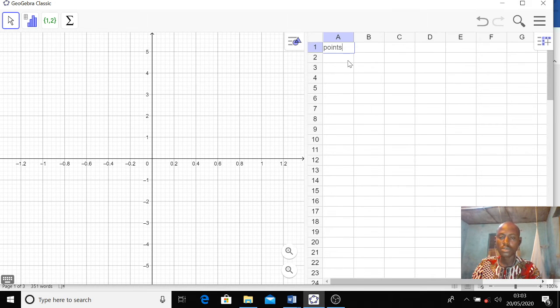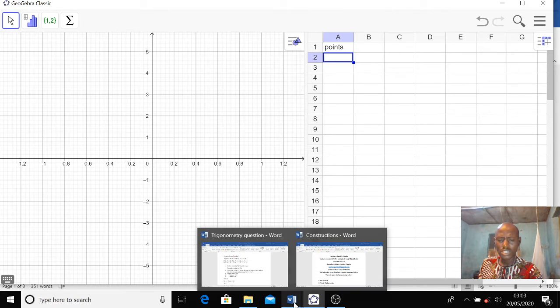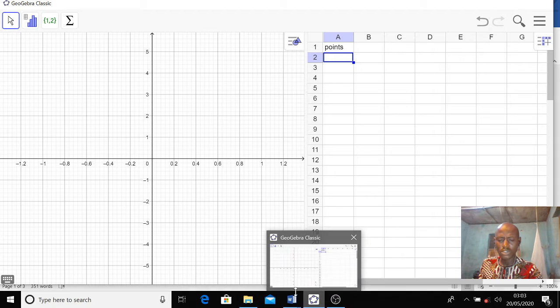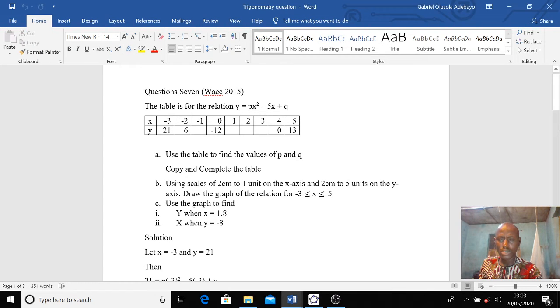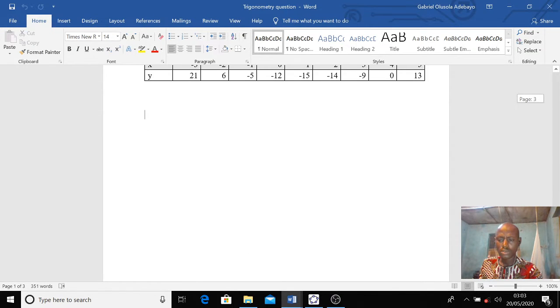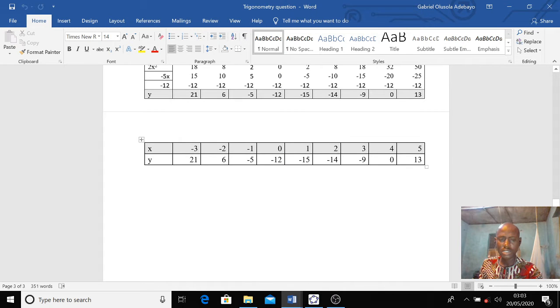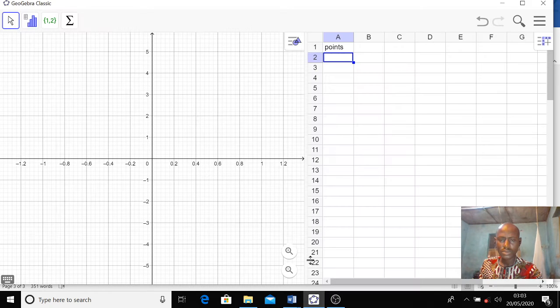So you just follow my steps. Okay, get a graph and your pencil, just follow the steps. So we are plotting the graph. So we have -3 and 21. So open bracket, just -3, comma 21.